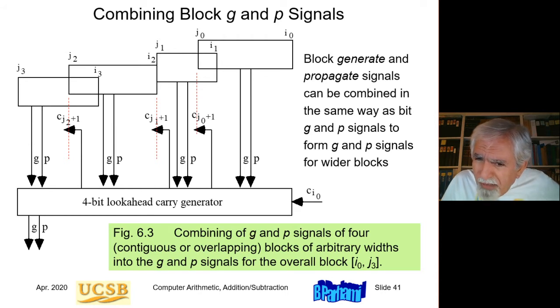But if you go to 5 and 6 input gates, then they start to become much slower. So that's why 4 is used as the blocking factor. And besides, 4 being a power of 2 is convenient because a 64-bit adder can be divided into 4 16-bit blocks, and a 16-bit adder can be divided into 4 4-bit blocks, whereas 3 would not be as convenient.